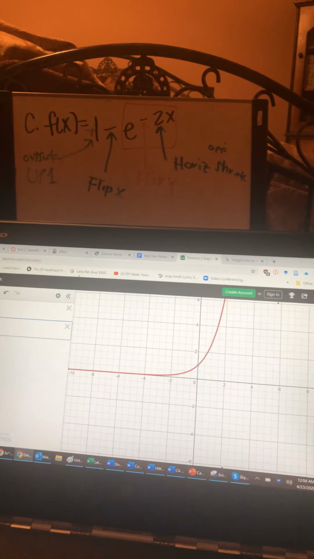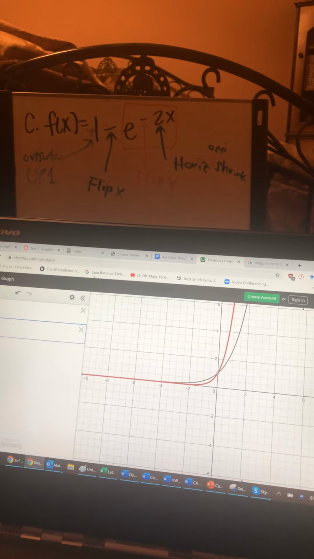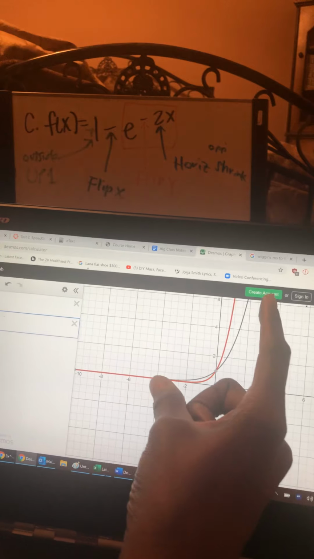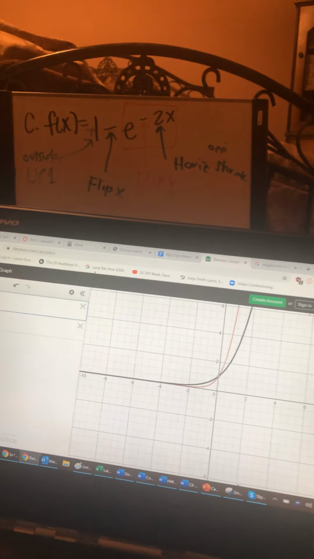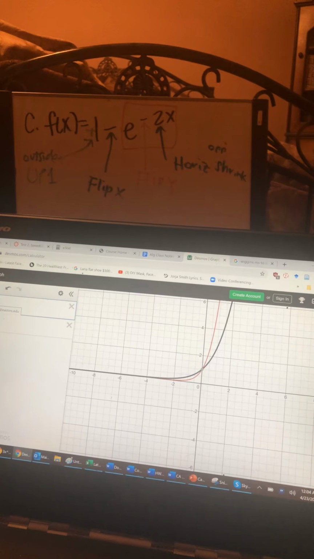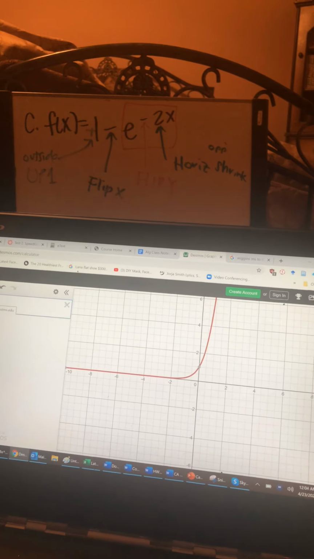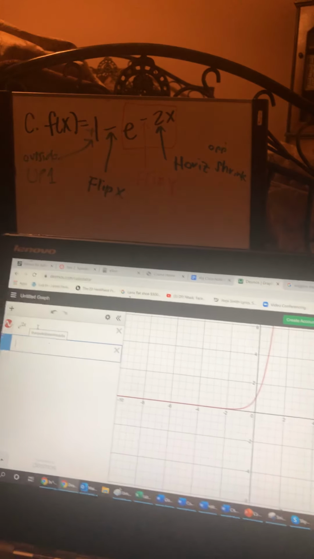So that 2 is going to be a horizontal shrink. So look what happens to the red. Okay, so it shrank. So we just took the black, and squished it in horizontally, and we shrank it, okay? So now, on the screen, we just have e raised to the 2x, okay?